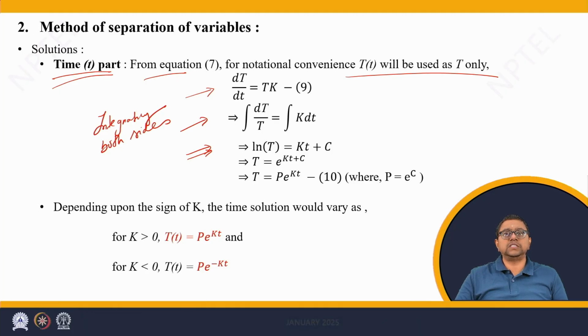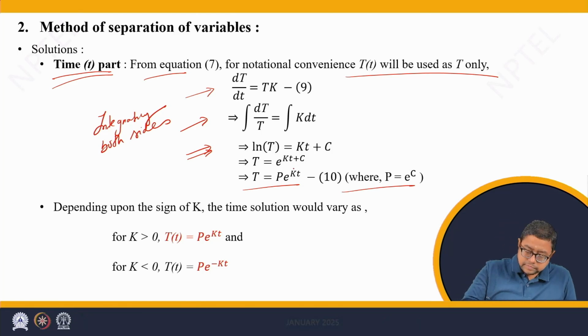Now, e to the power c can be written as a constant capital P. So, we have the function capital T equals a constant P multiplied by e to the power kt. Now, k is known as the time constant since it is a coefficient of t under the exponent.